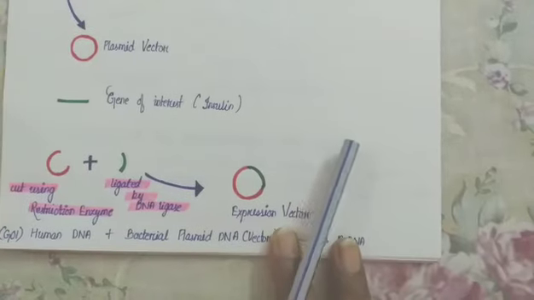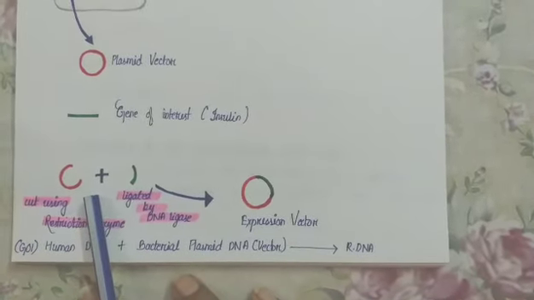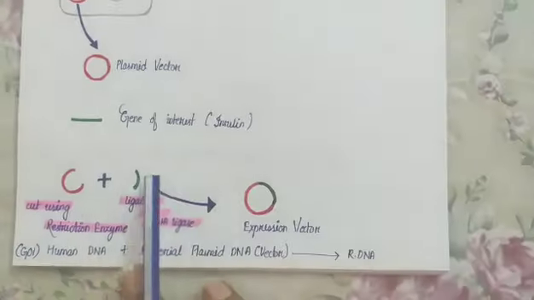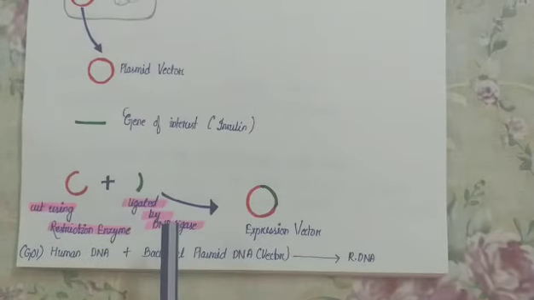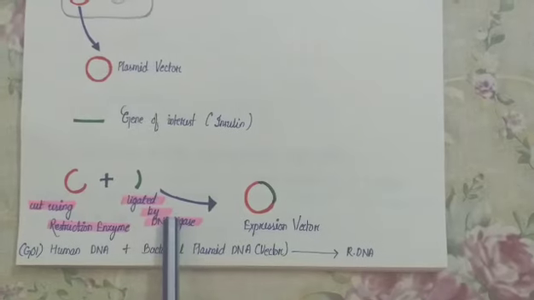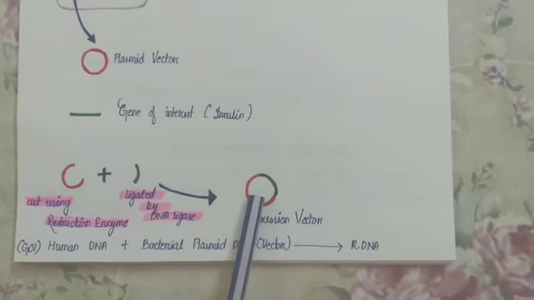We cut the plasmid vector using a restriction enzyme, and we ligated the gene of interest into it by the use of DNA ligase. So after this, the expression vector is formed.